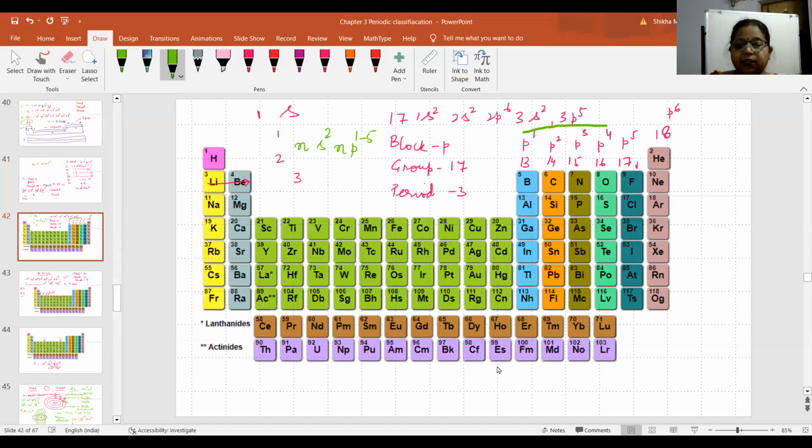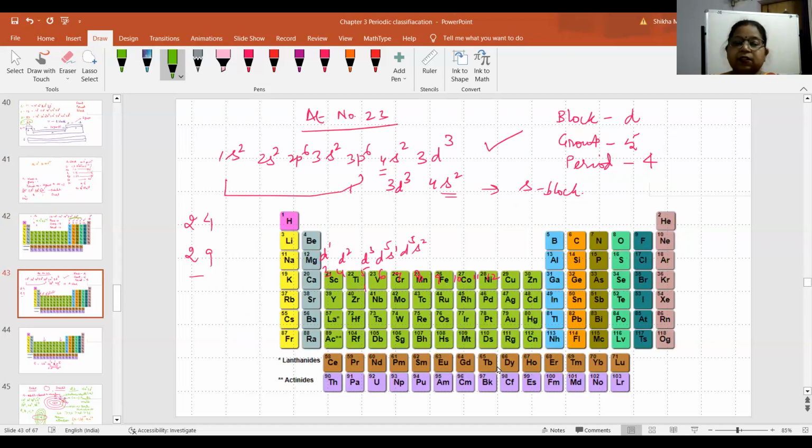I was explaining to you why this will be d1, d2, d3 for chromium family. I believe now this point will be clearer to all of you, that for chromium family, Cr, it will be d5s1.